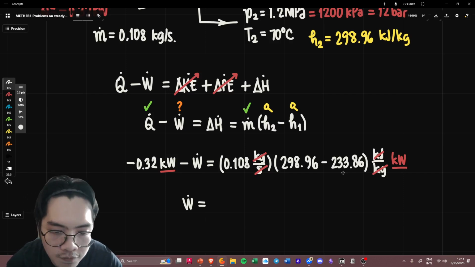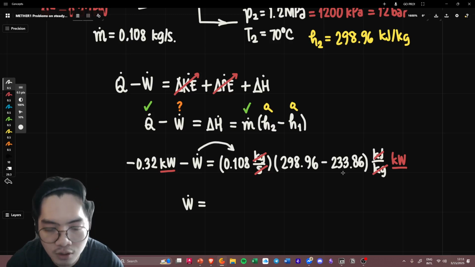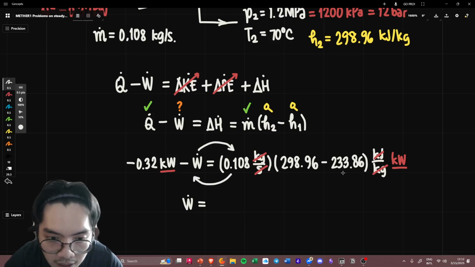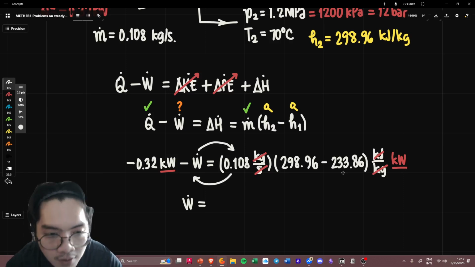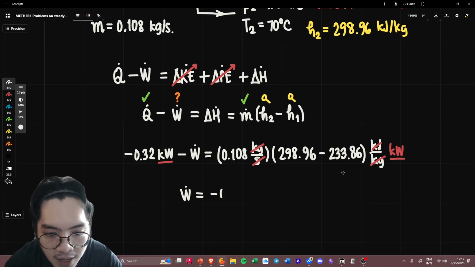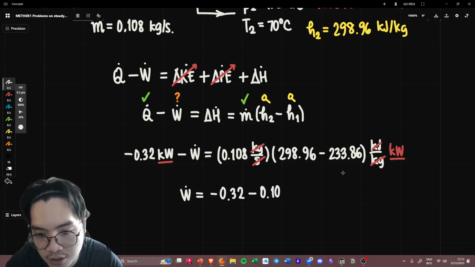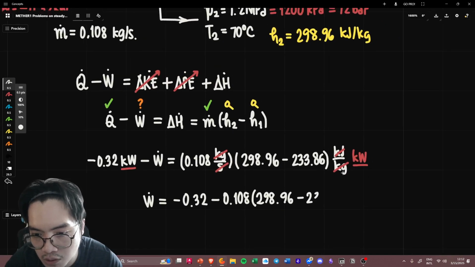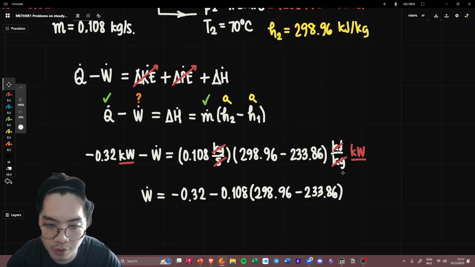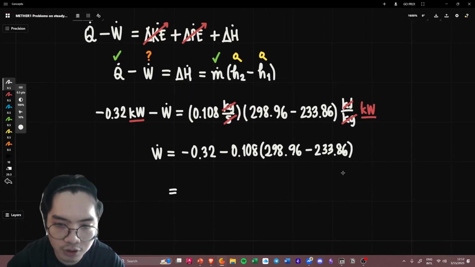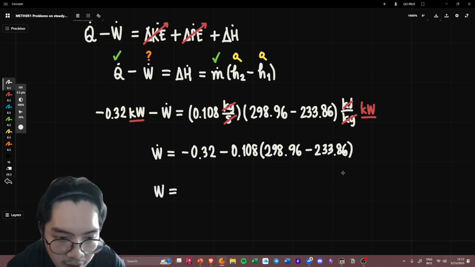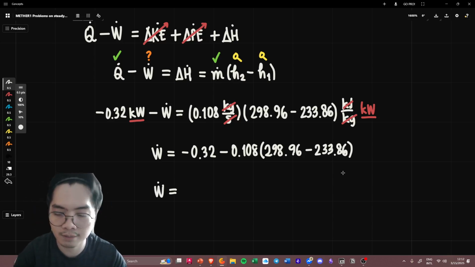I will move this W here so that it becomes positive. I will move everything here so that it becomes negative. And we will have negative 0.32 minus 0.108 times 298.96 minus 233.86, right? And I will just plug this into my calculator, my phone. Let's see.